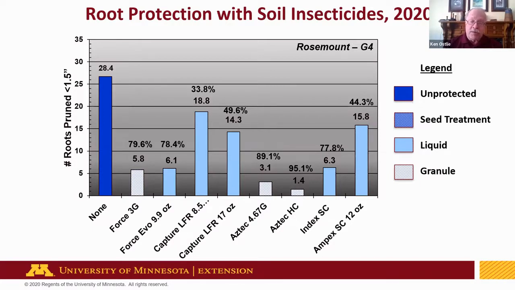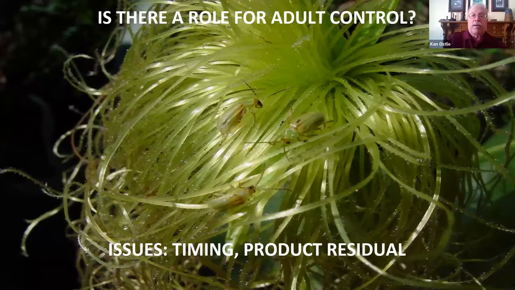In this case, Force Evo looks as good as Force 3G. But then if you look at Index, you can see it's doing really well. And then you see a reduction in control as you get to Capture and Ampex. So that's just kind of a quick overview of liquid changes out there.